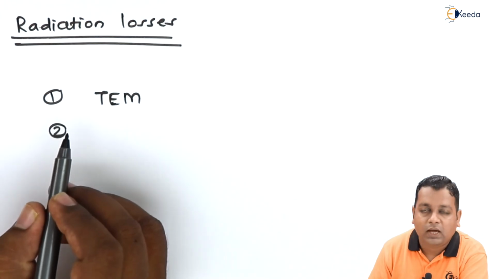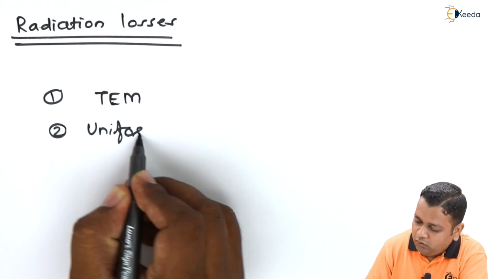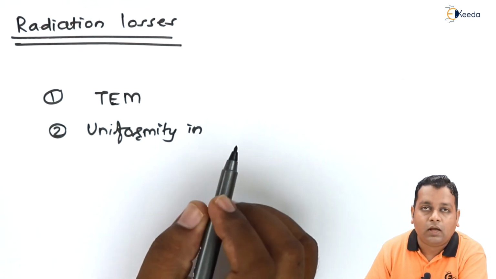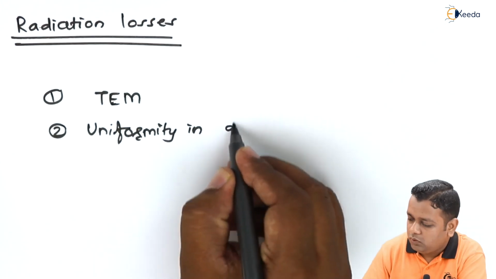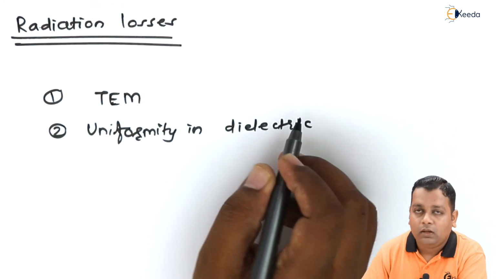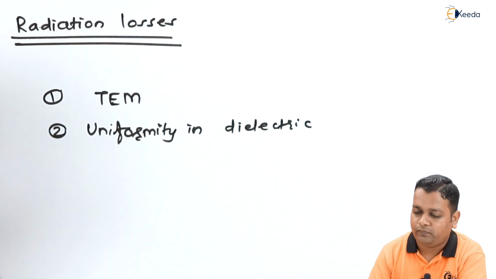The next assumption is uniformity in the dielectric in the neighborhood of the strip. But the practical case is that above the strip conductor we have air, whereas below it we have another solid dielectric material.